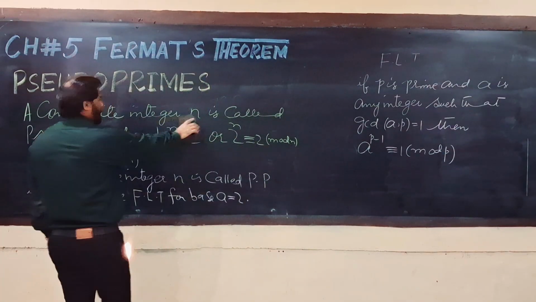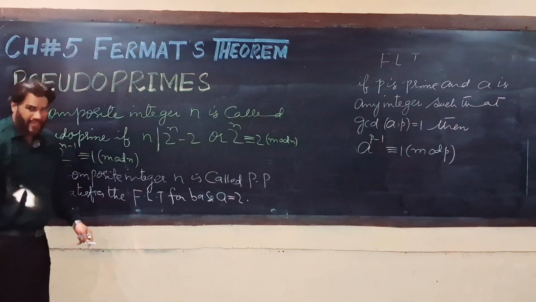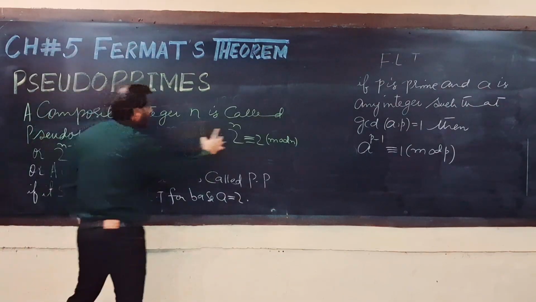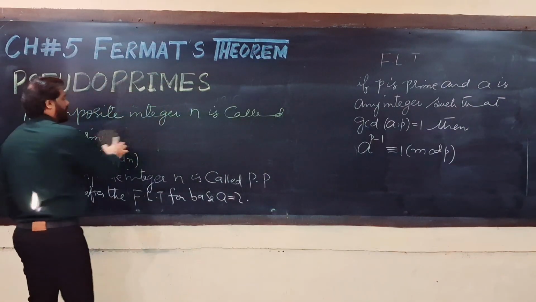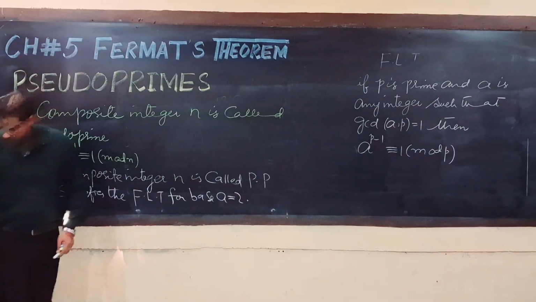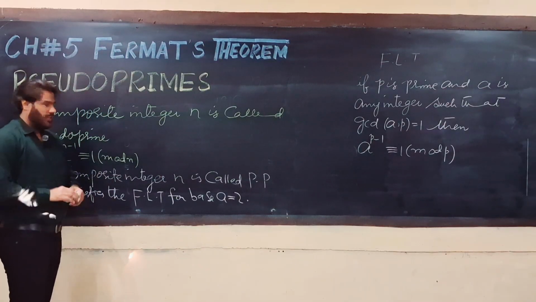Meaning to say, a composite integer n is called pseudoprime for any base a. Now I am writing the most general definition of pseudoprime beyond the book of David and Burton.